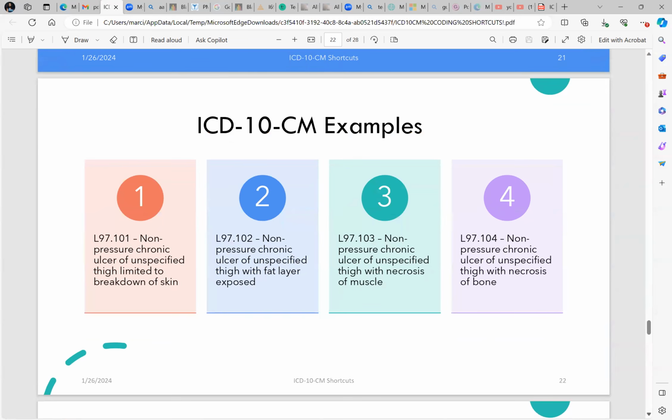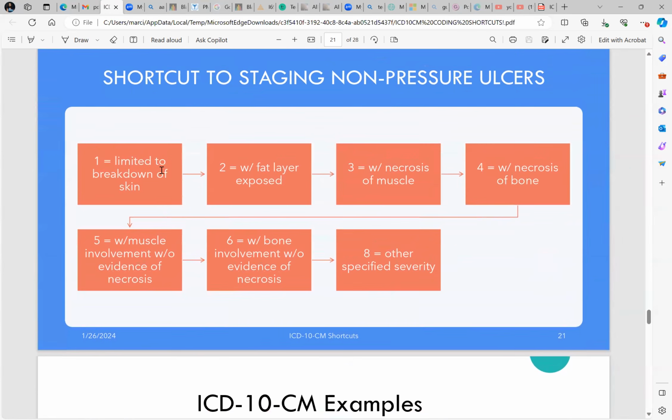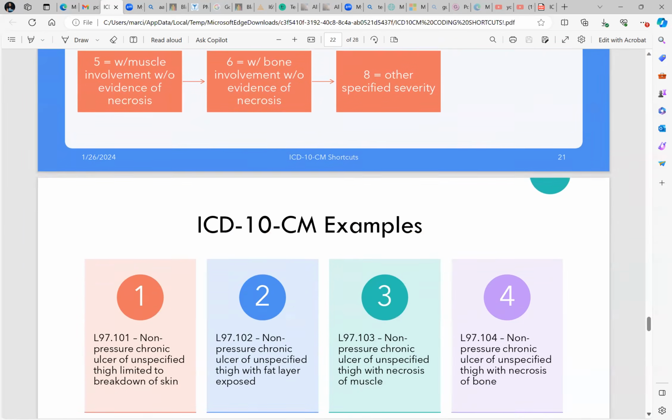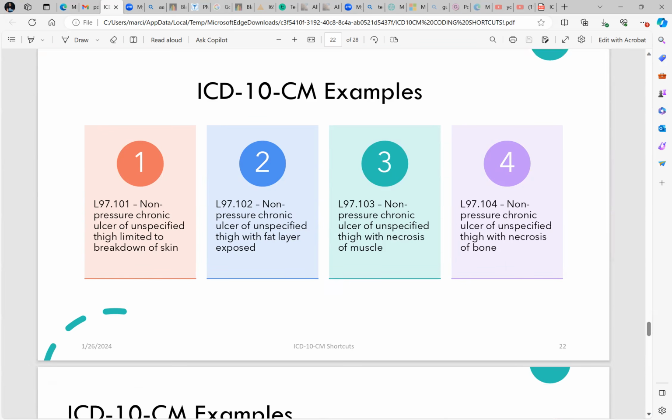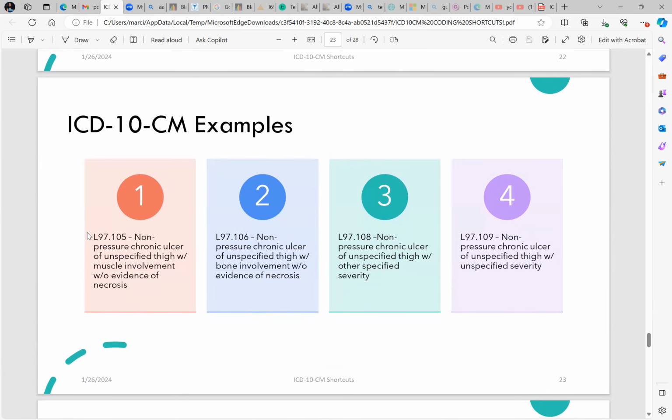So here are examples. You see here we have a 1 on the end, and it's limited to breakdown of the skin, just like we had here. Limited breakdown of the skin. Here's a 2 on the end with fat layer exposed. 3, necrosis of the muscle. 4, necrosis of the bone. 5, with muscle involvement without evidence of necrosis.